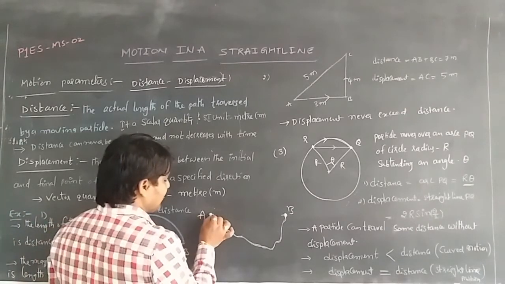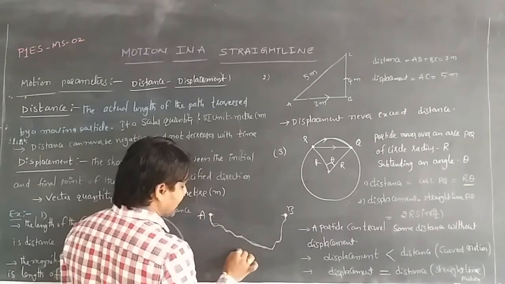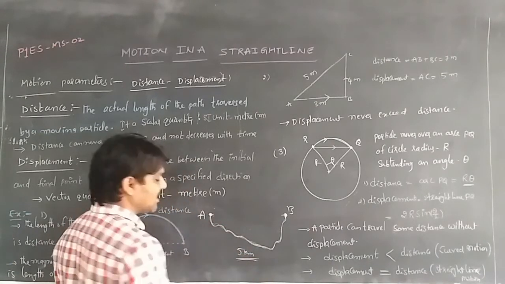For example, if a body travels from A to B, 25 kilometers of distance, that will be the distance of the particle.